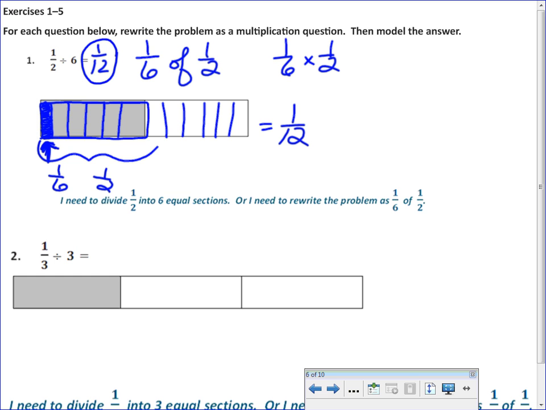So let's divide each section into 3 pieces. So I shaded this in one color. You might want to shade it in another. So each box has to be divided by 3.